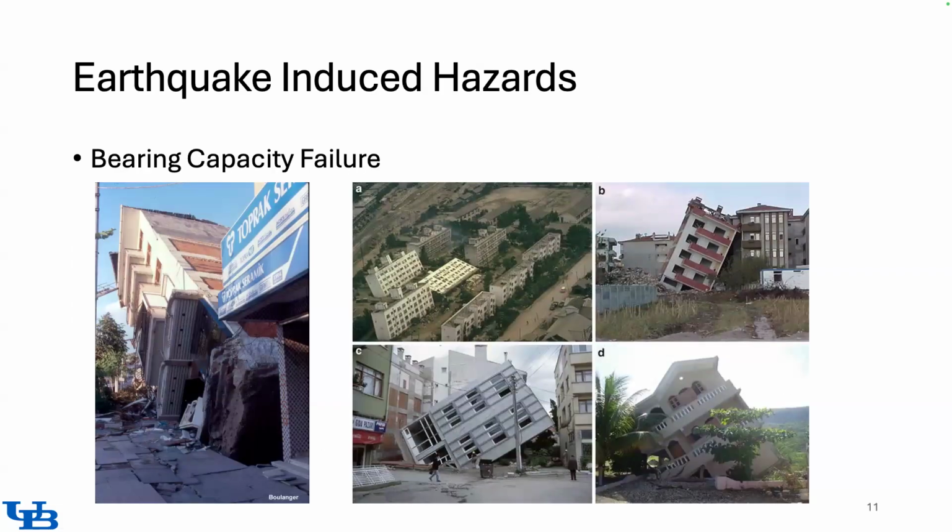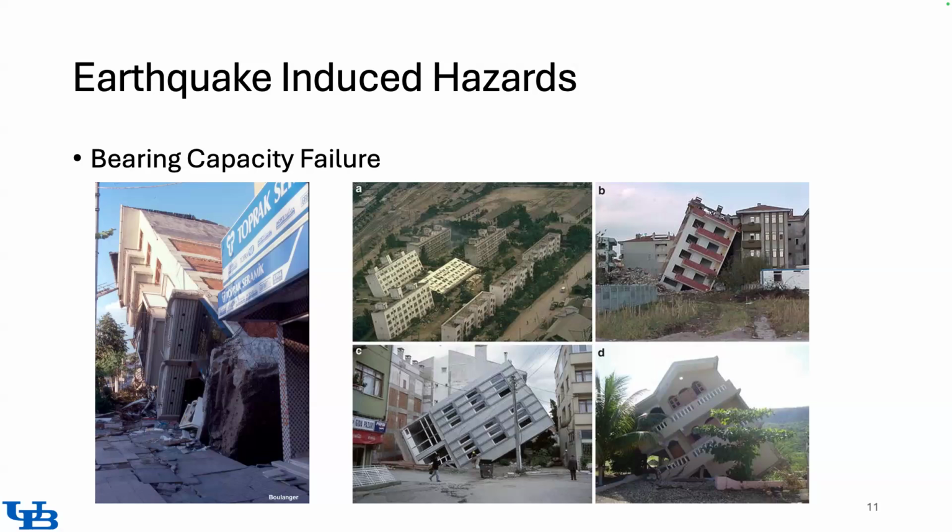Earthquakes also lead to bearing capacity failure, and that's a combination of the structures not being properly sized for the additional loading that they experience during earthquakes, and in particular the eccentric forces that they experience, because now you don't have all of the bearing pressure applied uniformly to the base of the building, but rather on one side, and that increases the stresses at that particular region, causing the soil to fail.